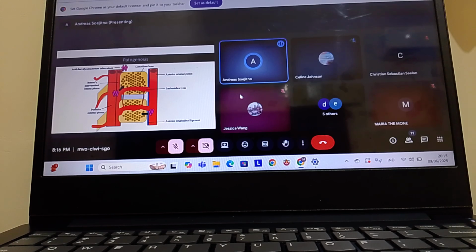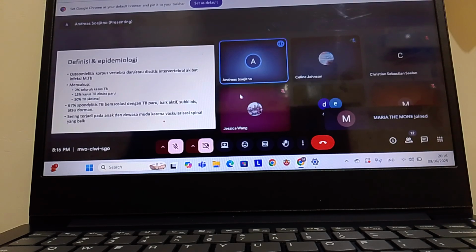Okay, so back to the Batson plexus. Here you can see this, the anterior part or non-osseous part, this area.